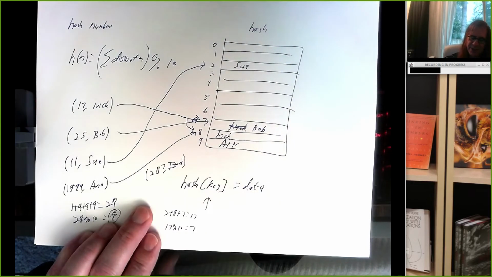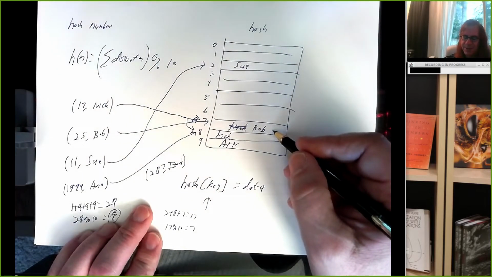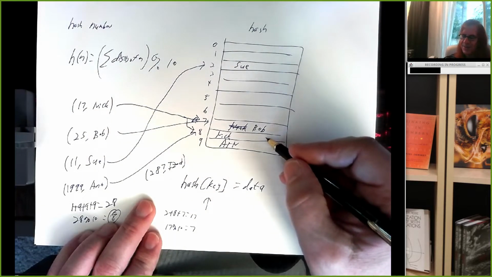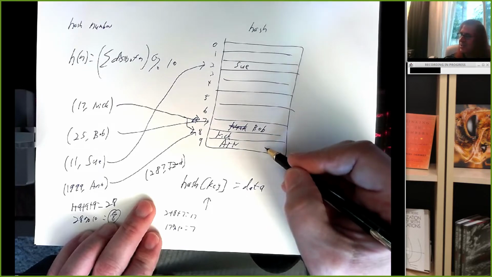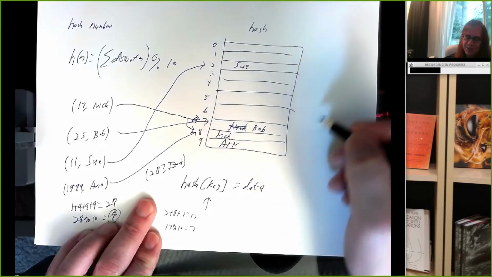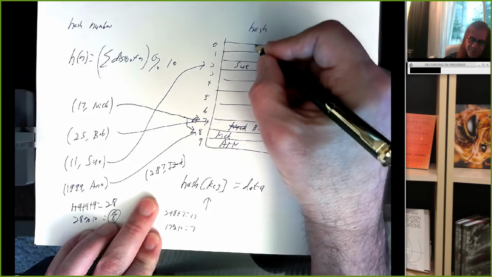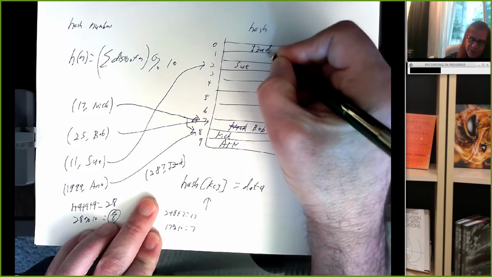So Izad should get stored at location 7 right here. Well, that spot's in use. So let's try the next location. That spot's in use. Let's try the next location. That spot's in use. Let's try the next location. Well, there is no location 10, so we go back to the beginning and we try location 0. And that spot's available. So we store Izad there.